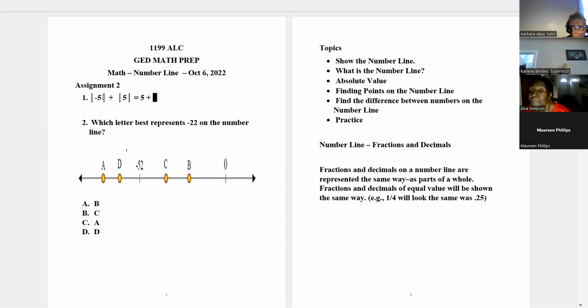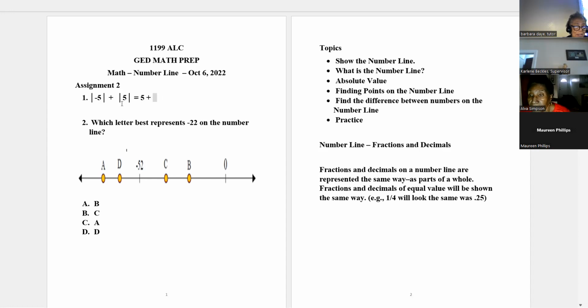Absolute value is just a number, Alva. So you told me negative 5, absolute value is 5. Absolute value does not have a sign. It's just a number. So absolute value of 5 is what? The absolute value is just the number between the 2 vertical lines.